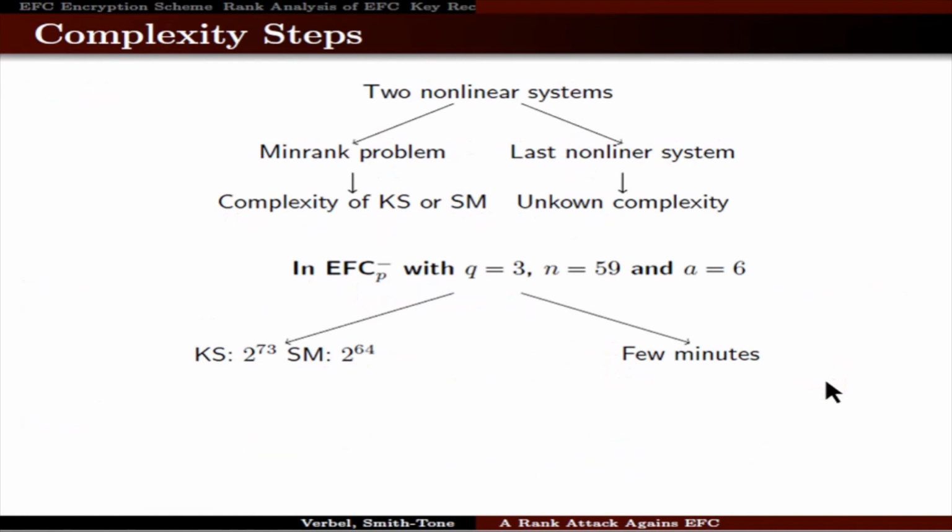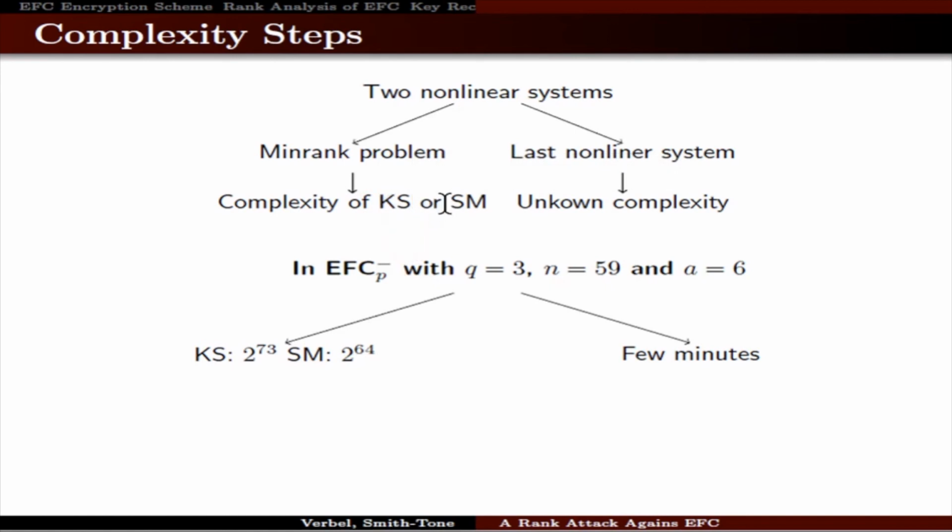The complexity of this attack can be divided in two steps. One step is the first resolution of the Minrank problem, where we have to solve a nonlinear system of equations, and the last step, where we also need to solve a linear system of equations. For the first case, we understand the complexity of solving the Minrank problem, and here we use the complexity in the paper we proposed to PQCrypto.